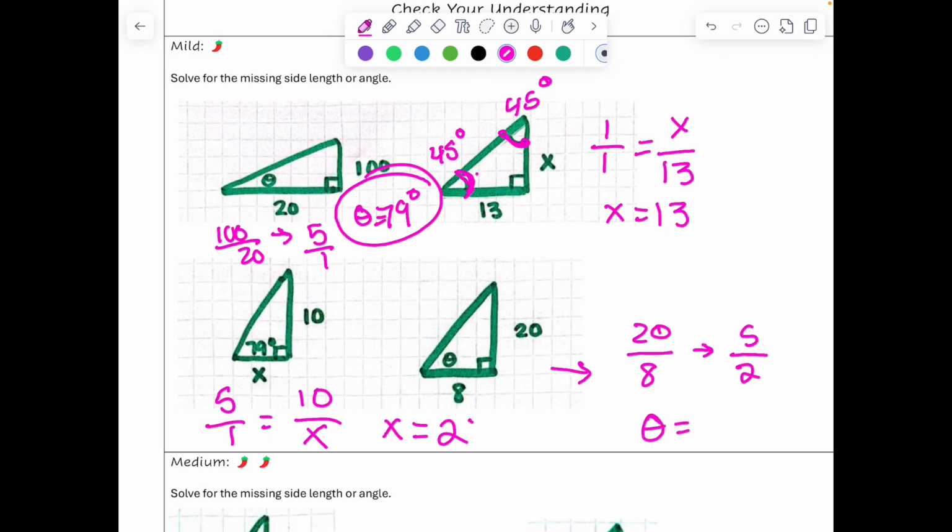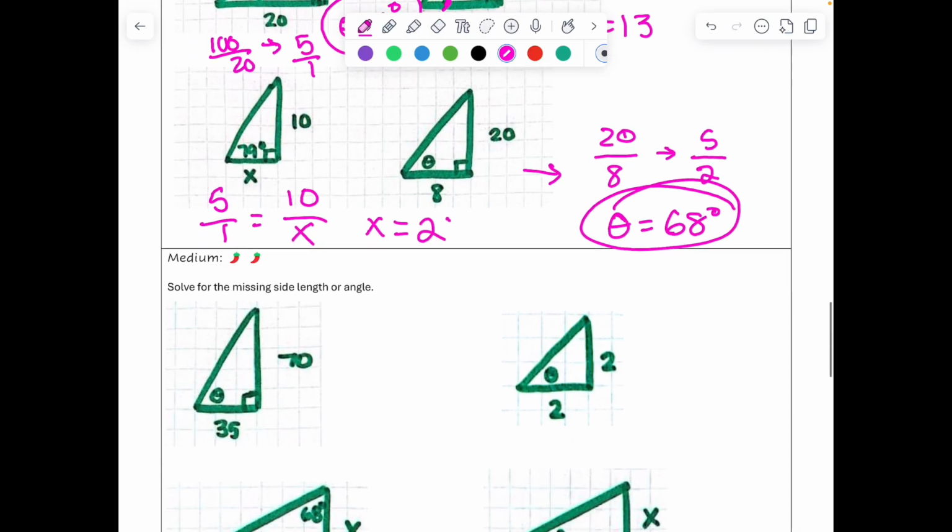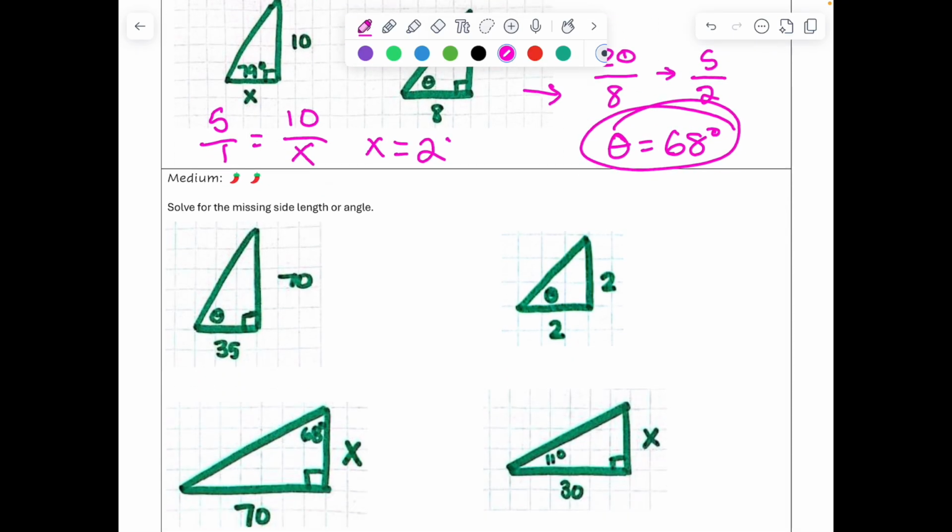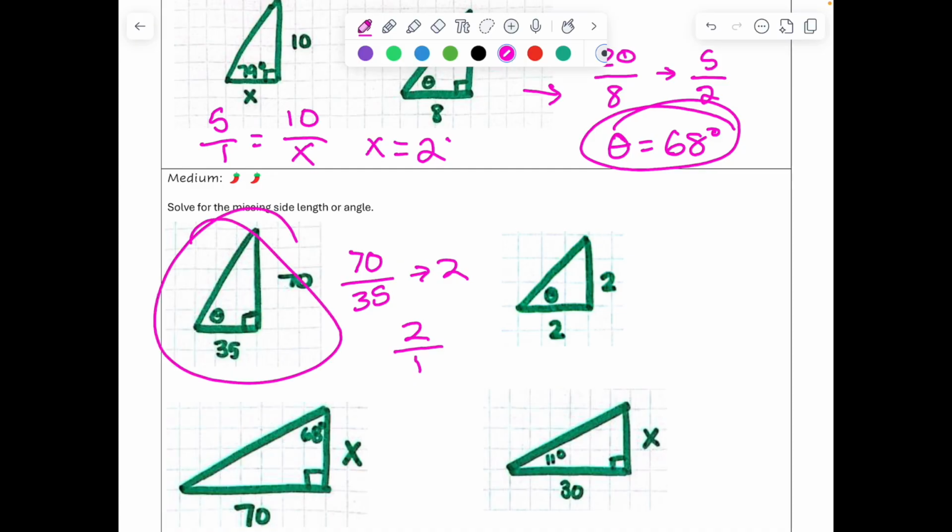And we know that is for a 68-degree angle. On to medium. 70 over 35 is 2. We don't know a 2 over 1 yet, so we'll have to come back to this one. 2 over 2 simplifies to 1 over 1, and we know that's for a 45-degree angle.